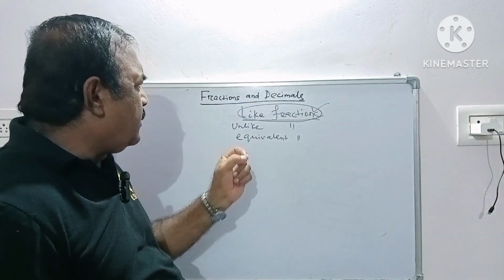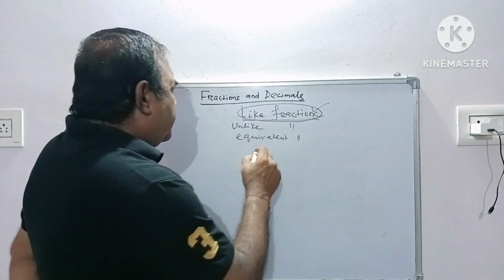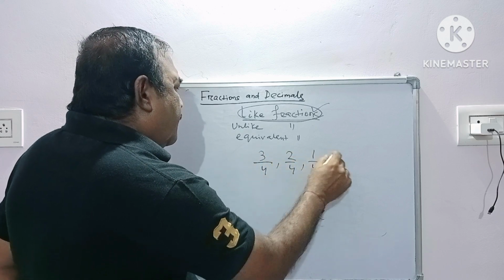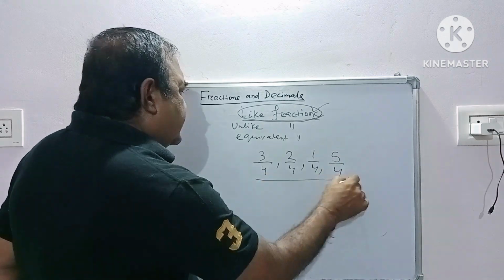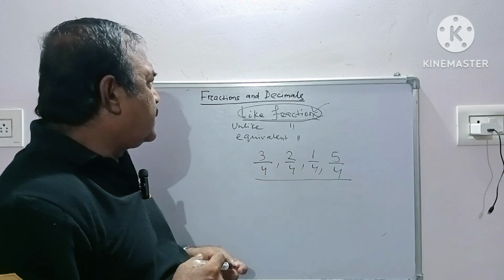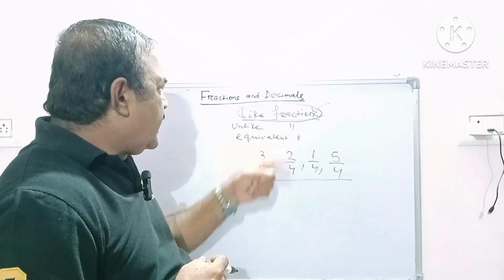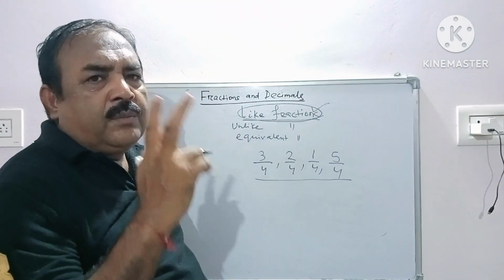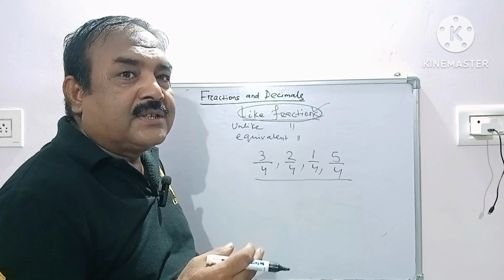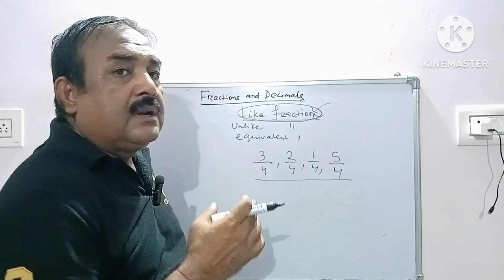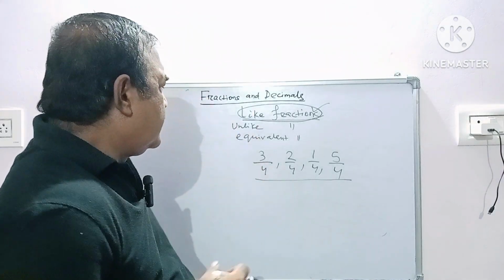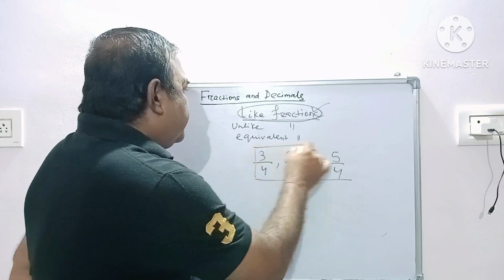So fractions with the same denominator are called like fractions. Suppose 3 upon 4, 2 upon 4, 1 upon 4, 5 upon 4. In each fraction, the denominator is the same. There will be a minimum of 2 fractions for like fractions, not a single fraction.